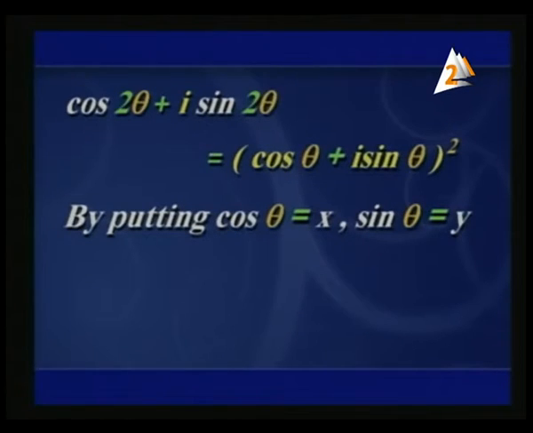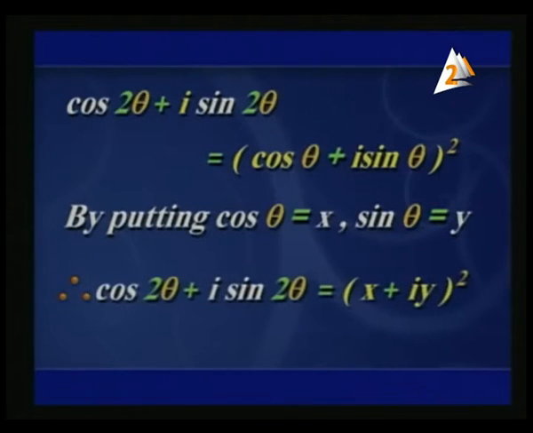by putting cos θ equals x and sin θ equals y, therefore cos 2θ + i sin 2θ equals (x + iy)² equals x² − y² + 2xyi.